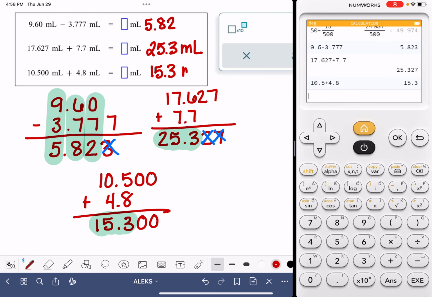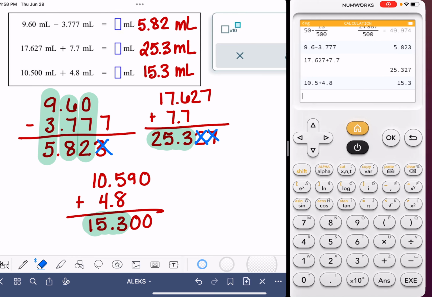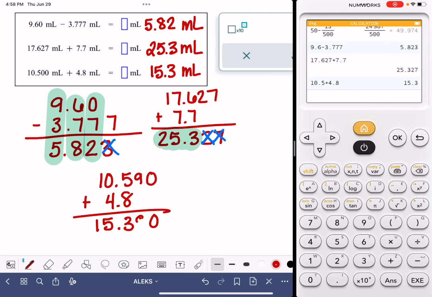And again, didn't have a chance to do any rounding, but let's talk about that really quick. Let's pretend like it was 10.590 instead of 10.5, in which case this would be the answer that we got. We would not be allowed to keep this digit or this digit for the same reason. There's nothing in these spots. So these two numbers we would need to get rid of.